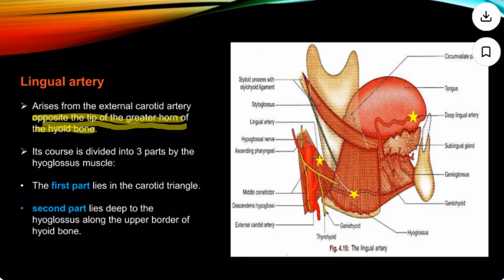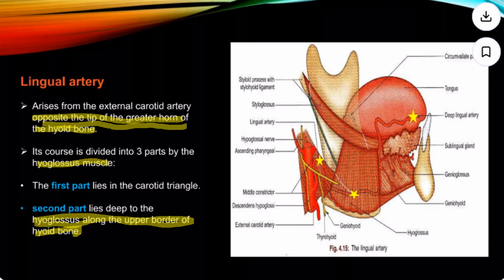Its course is divided into three parts by the hyoglossus muscle. The first part lies in the carotid triangle. The second part lies deep to the hyoglossus muscle along the upper border of the hyoid bone, and the third part enters the tongue.